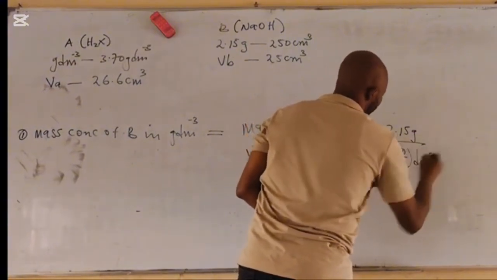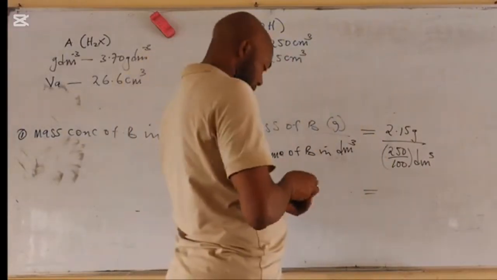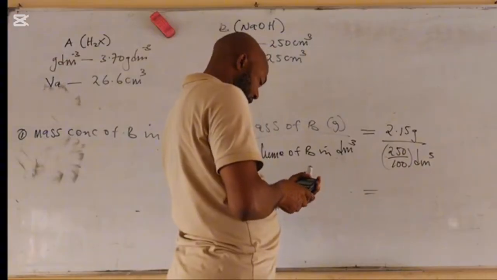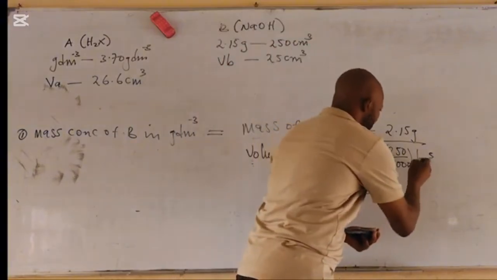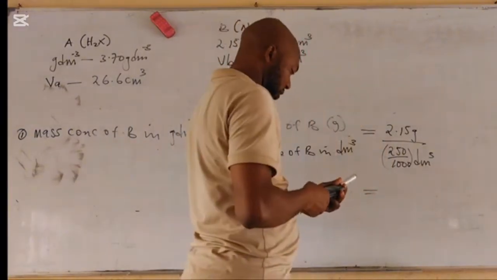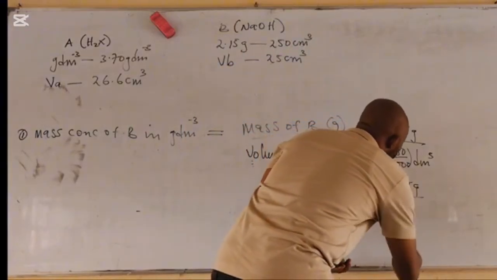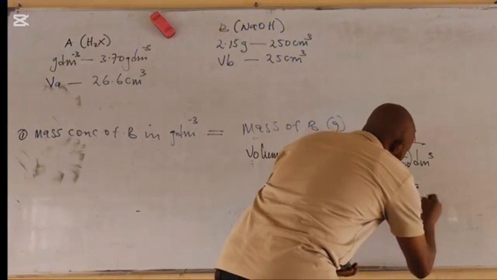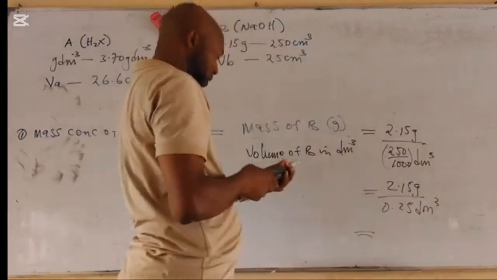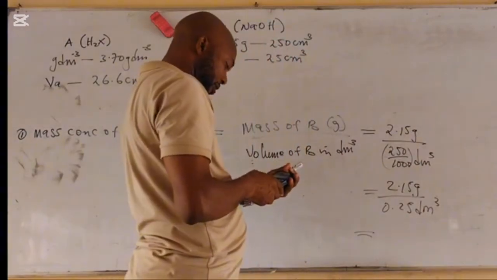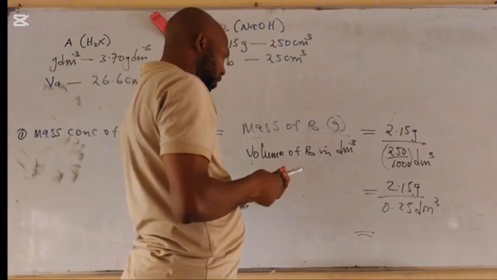And this is equal to, what do we have here? 250 divided by 1000 is equal to 0.25. So I have 2.15 in gram over 0.25 dm cube. And that is equal to what? 2.15 divided by 0.25 is equal to 8.6.